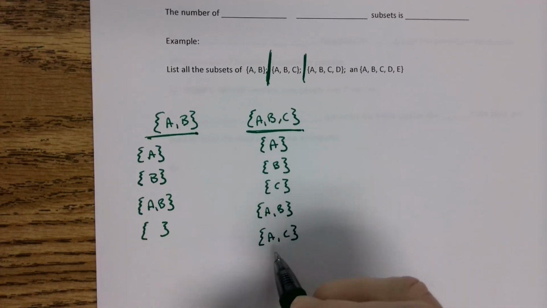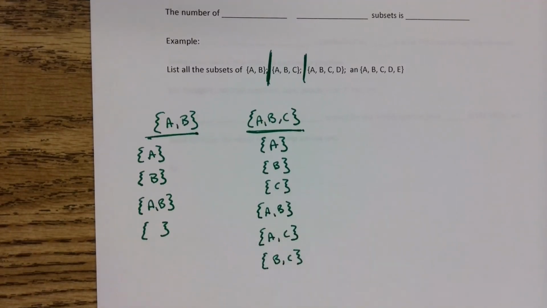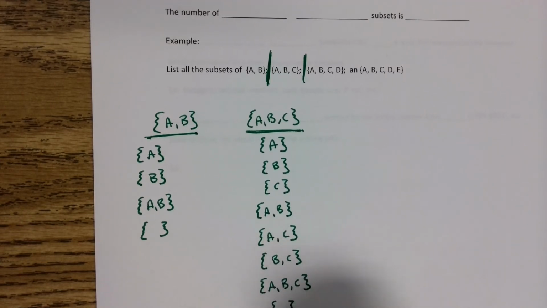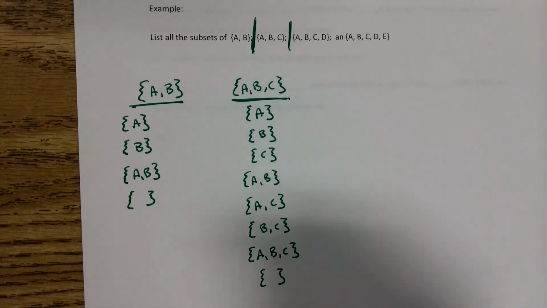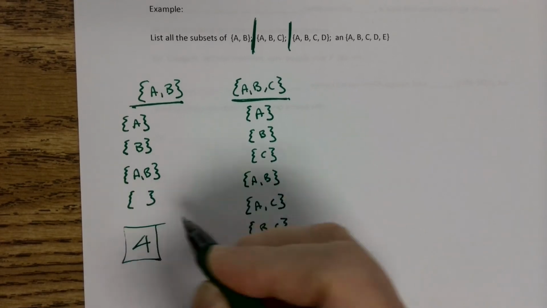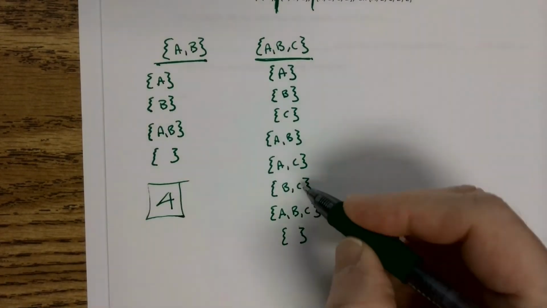AC. BC. I got A, B, C, and I got the empty set. Can you find any more? I think we found them all. I think we did. Okay? So this one had 4 subsets. This one had 1, 2, 3, 4, 5, 6, 7, 8 subsets.